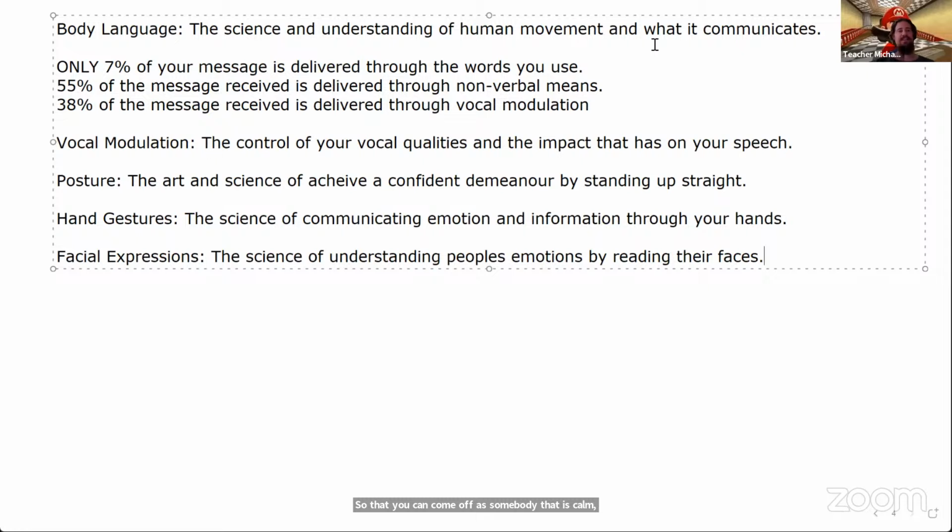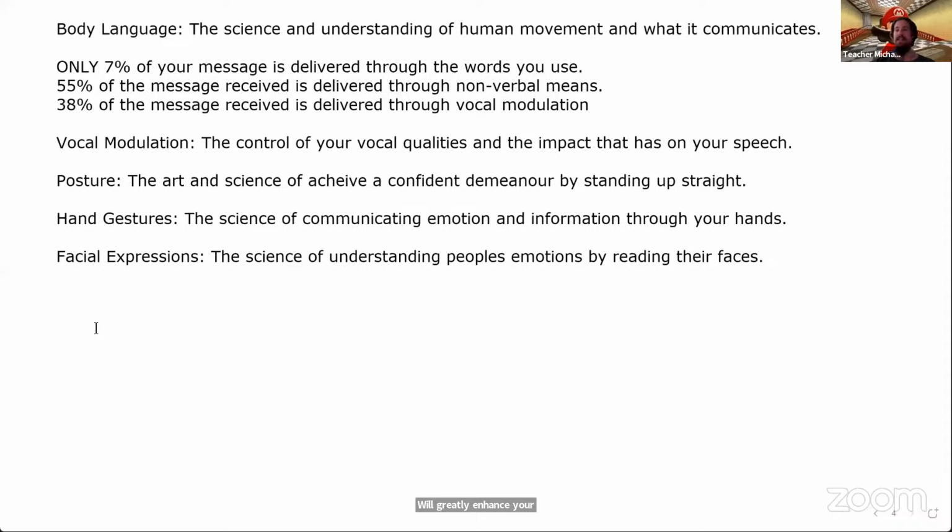So being able to understand all of this body language stuff will greatly enhance your ability as debaters and as public speakers. Do we have any questions about body language before we move into the breakout room exercise?